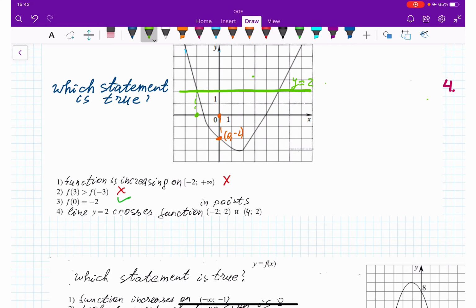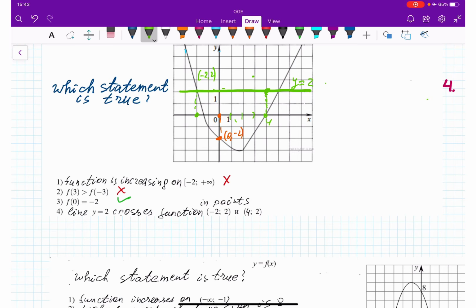Okay, this is positive 2, all right? Here we have negative 2, positive 2, and crosses function at the positive 4 and 2. Let me see. 1, 2, 3, 4. This is my 4, and the y here is 2, crosses here at the point 4 and 2. Yes, that's correct. 4 and 2.